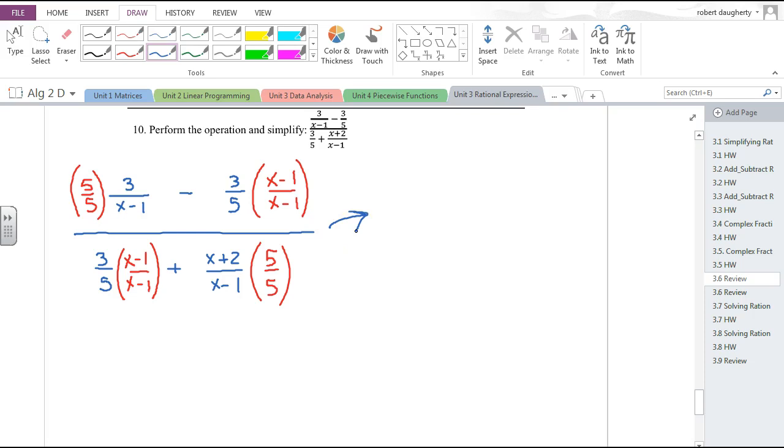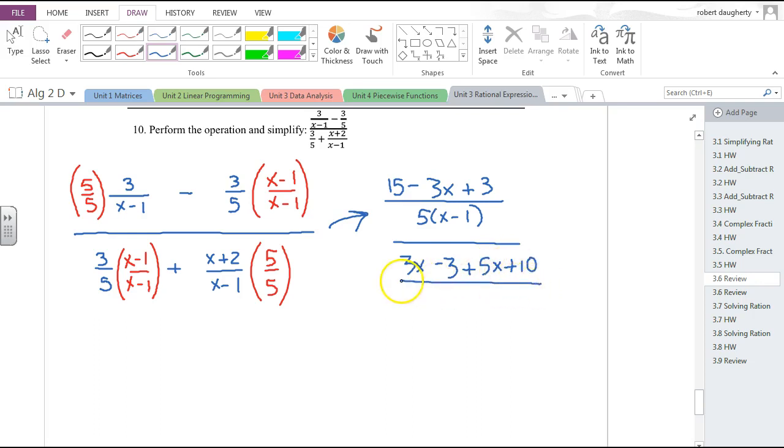So this is going to be 15 minus 3x plus 3 over 5 times x minus 1, divided by, and I'm going to get 3x minus 3 plus 5x plus 10 over 5 times x minus 1.